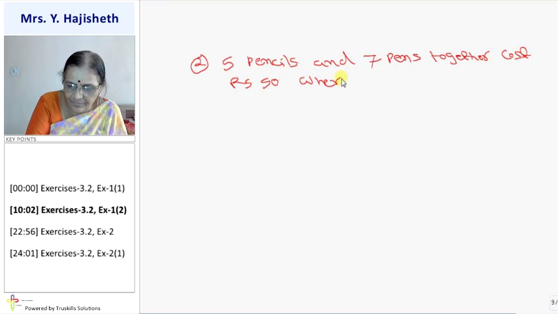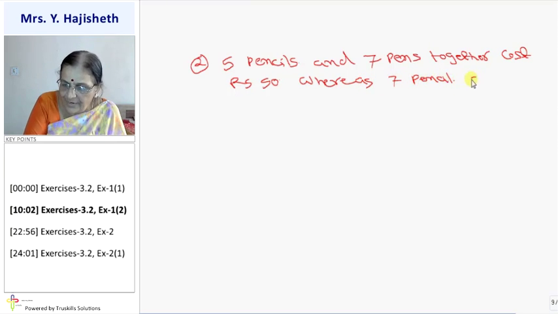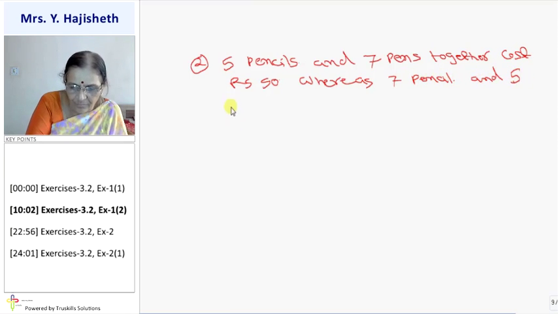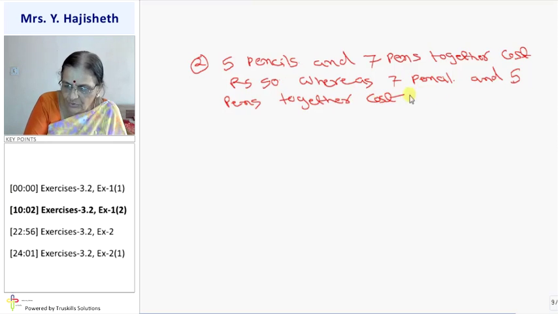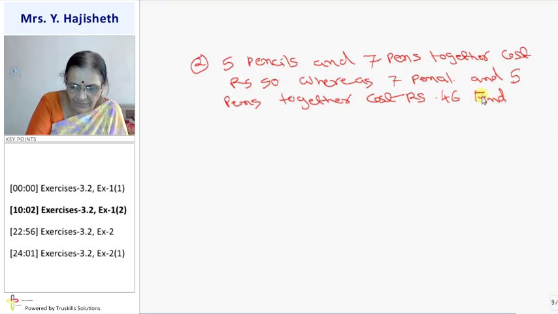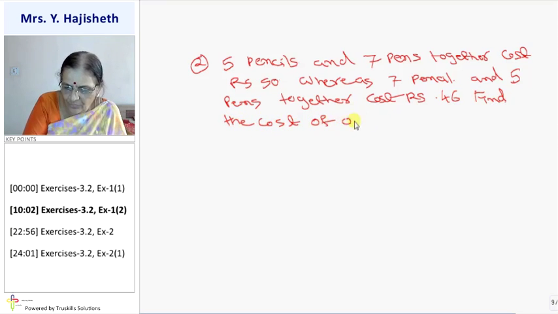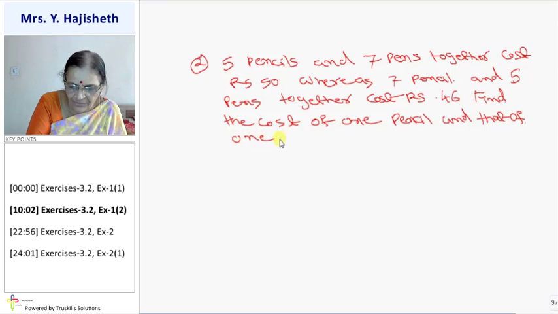Whereas 7 pencils and 5 pens together cost rupees 46. Find the cost of one pencil and that of one pen. That is the question.